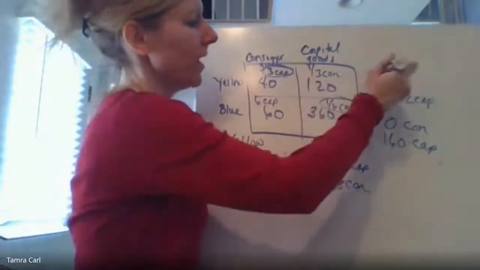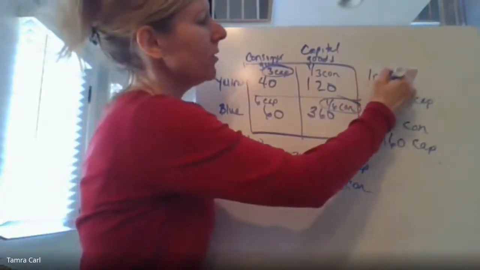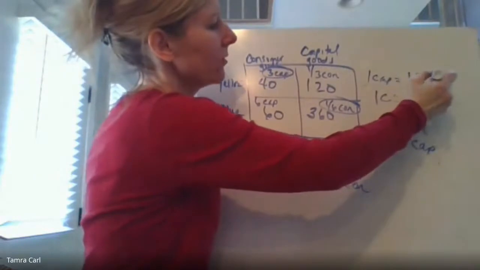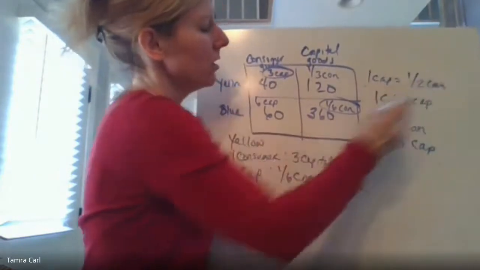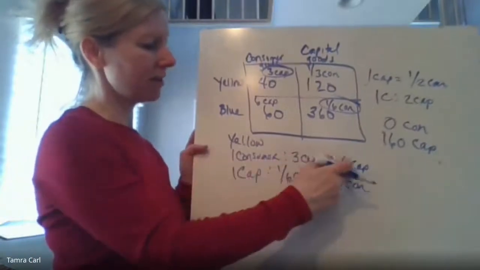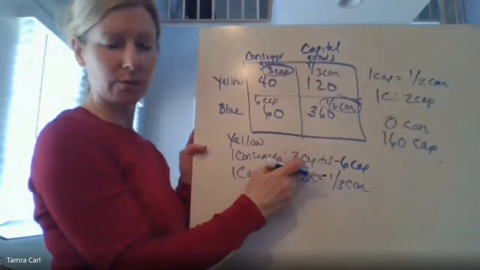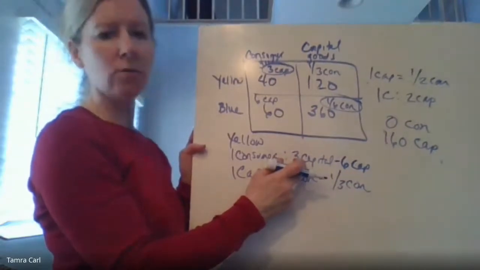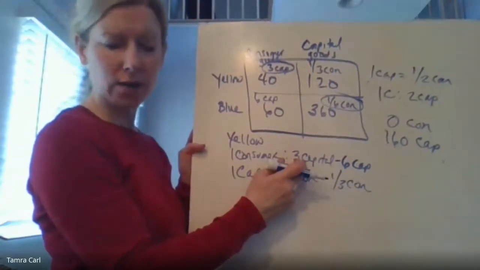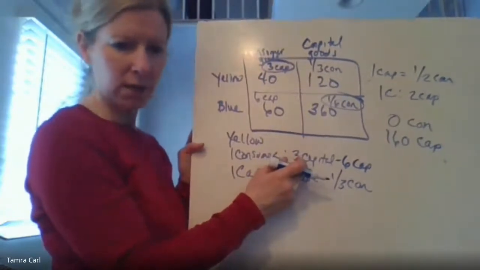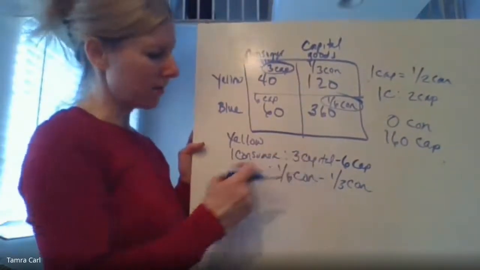Well, if I flip that, then that means that 1 capital good is going to be worth 1/2 of a consumer good. So when you look at yellow here, yellow would be like, this is larger of an opportunity cost than if I made it myself. And so yellow would choose to not trade, or the best way to say it is produce domestically, because it wouldn't be worth it to them.